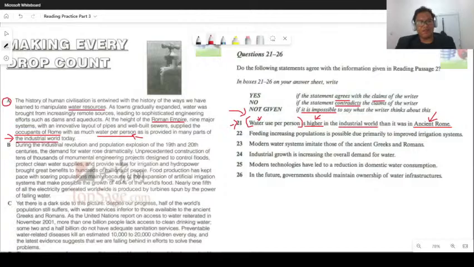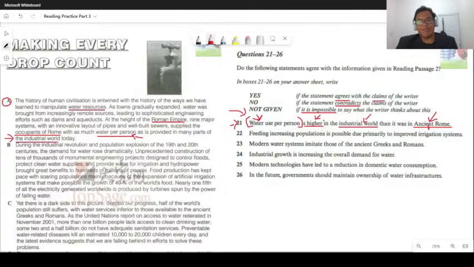Ancient Rome, Roman Empire here, and then occupants of Rome, that has to do with people, right? Supplied as much water per person. Okay, so we found one, two, three keywords for question 21 in paragraph A.